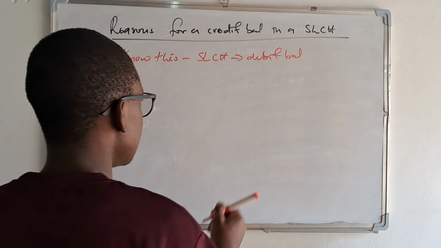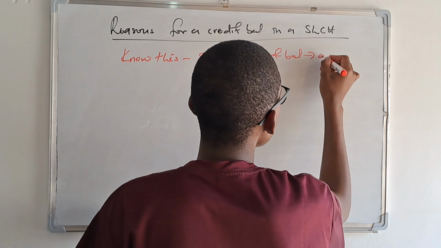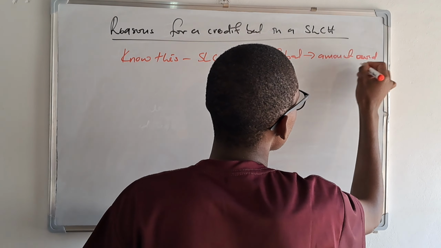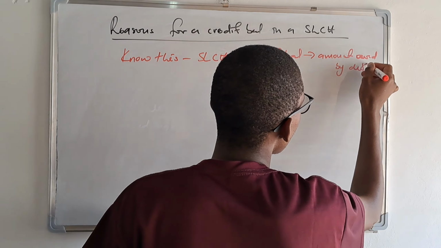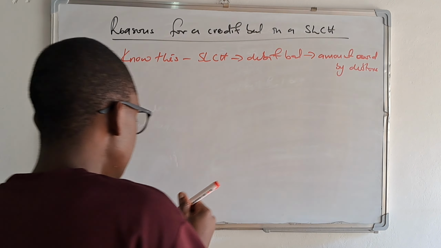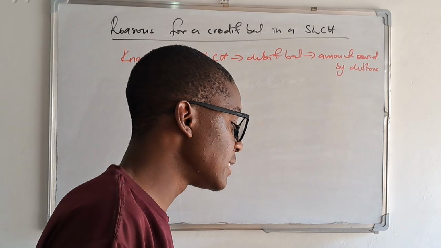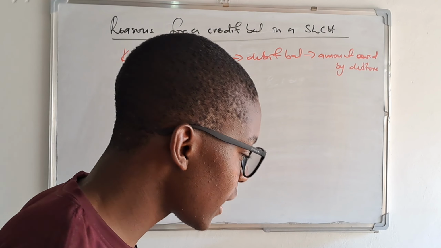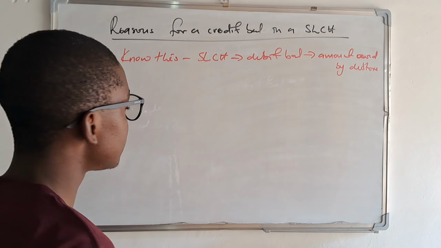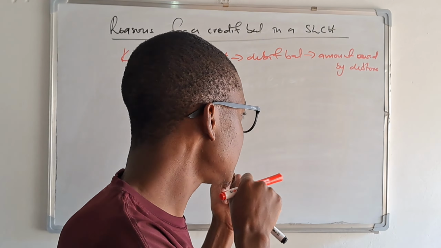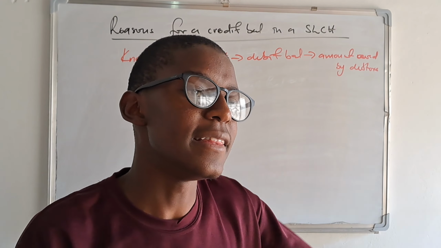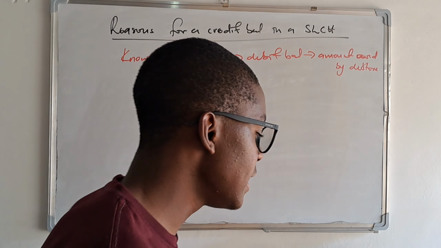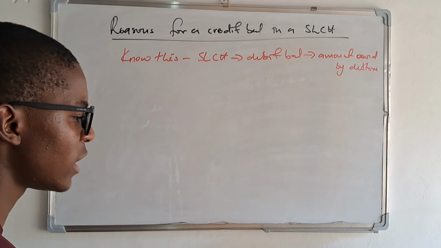And this actually represents the amount owed by debtors. It represents the amount owed by debtors, and it happens that the debtors control account will have both sides. Suppose you look at the last example which we did, it has both the credit side and the debit side, and this credit balance is usually smaller.